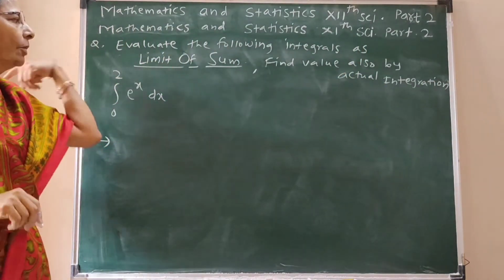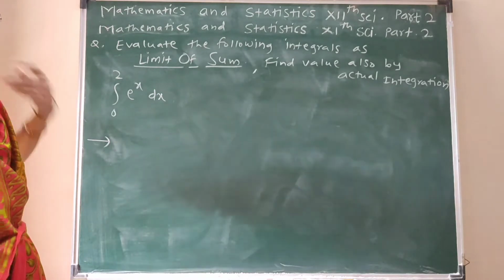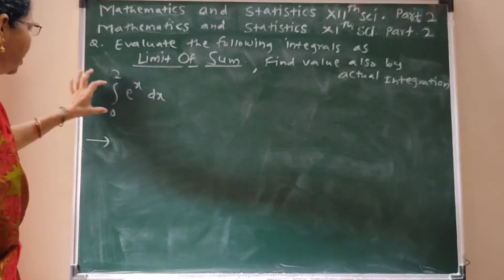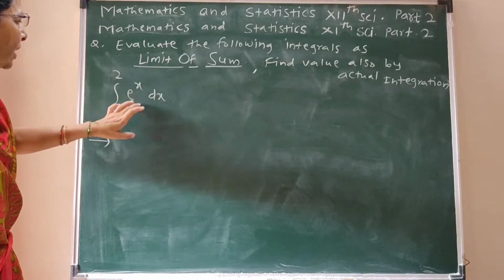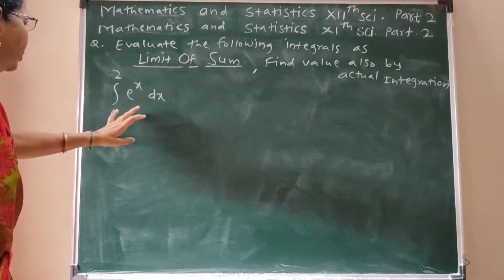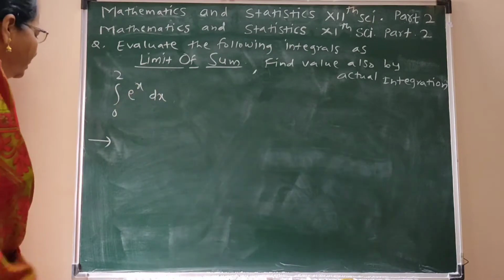Evaluate by limit of sum and then find actual integration. Now the function is the integral from 0 to 2 of e raised to x dx. Now the limit of sum method.